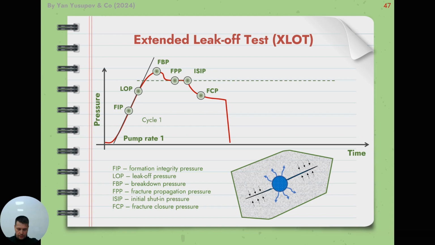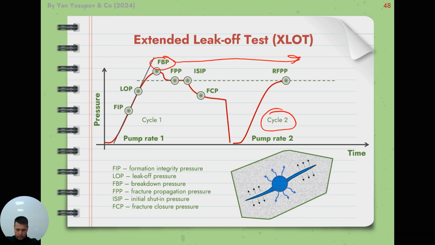This is the finish of cycle number 1, and after this we consider cycle number 2. Note that in cycle number 2, you don't see any more fracture breakdown pressure because the fracture has already been created in cycle number 1.